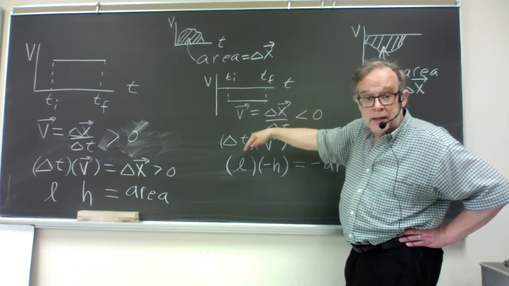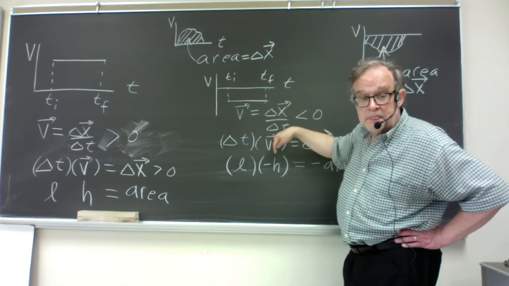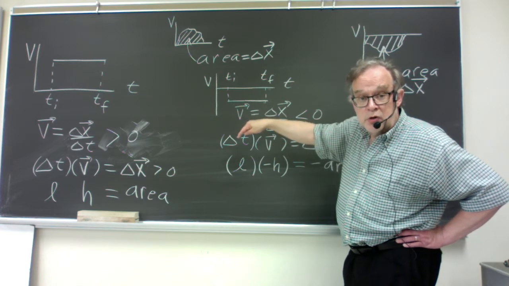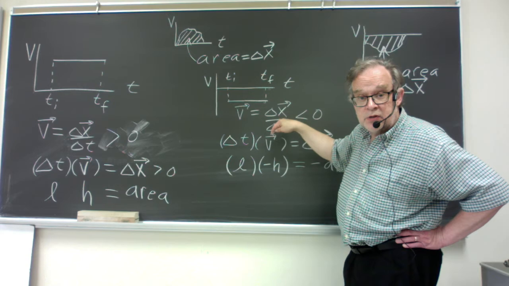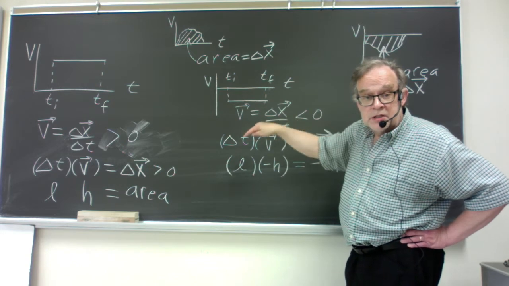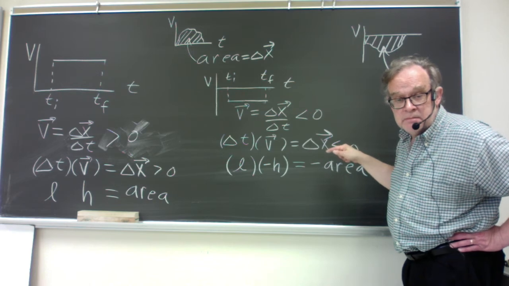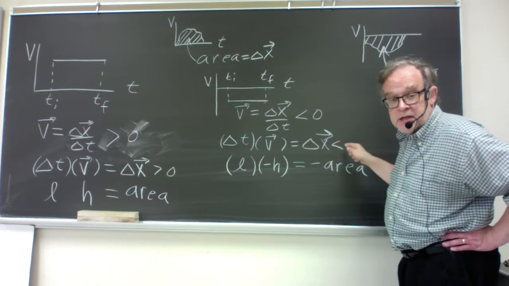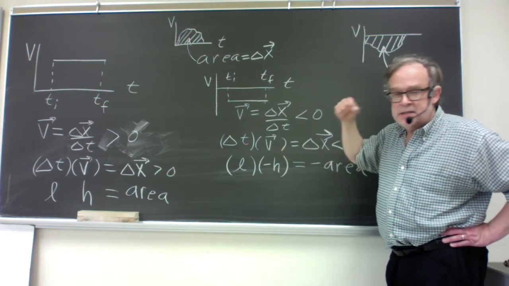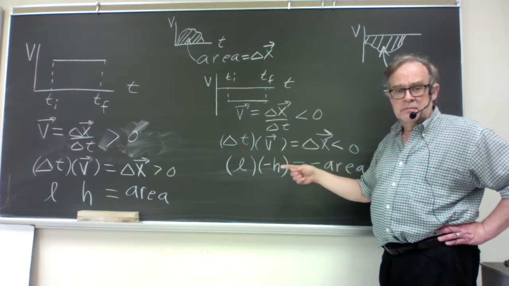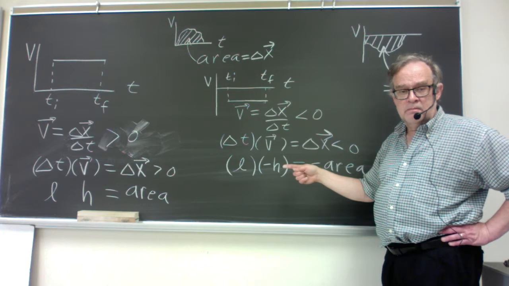So multiplying length times negative height is the same as multiplying delta t times the velocity. Delta t times the velocity is, of course, displacement, which is negative in this case, but delta t times velocity is just the same as multiplying the length of the rectangle times minus the height of the rectangle.